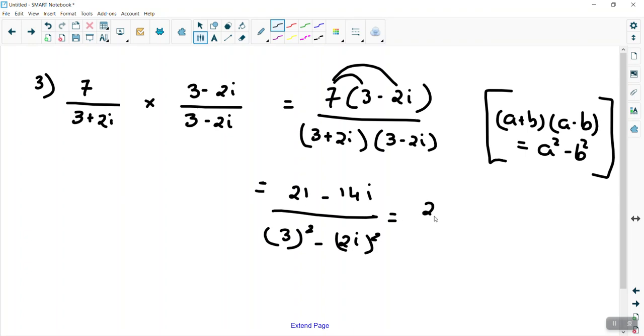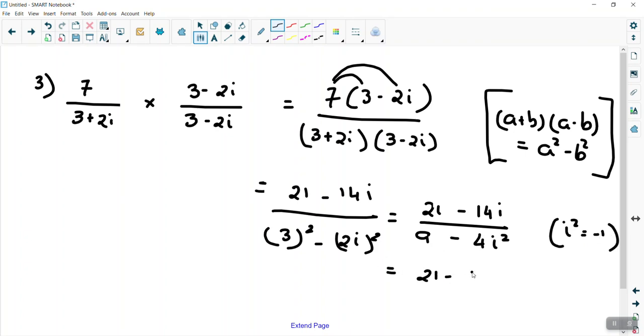So here the numerator is 21 minus 14i divided by 3 squared, which is 9, minus 2 squared, which is 4, and i squared is i squared. Again, we remember that i squared is -1, so we substitute that there, getting 21 minus 14i over 9. Now remember this is -1, right? So I'm going to just add one more step to this.